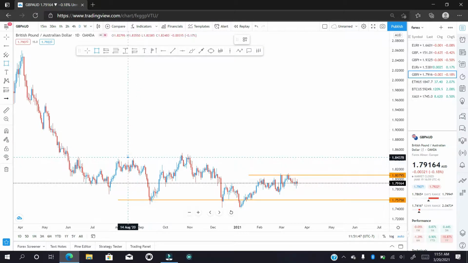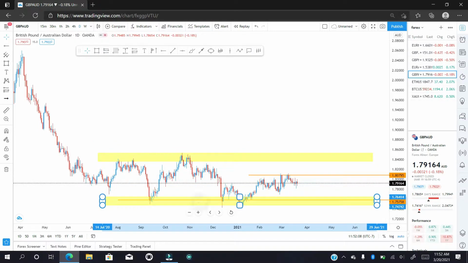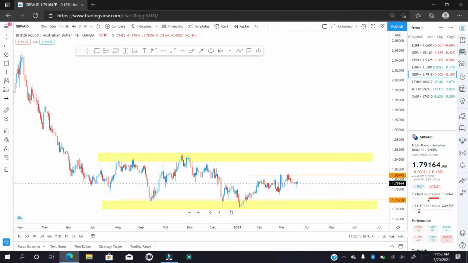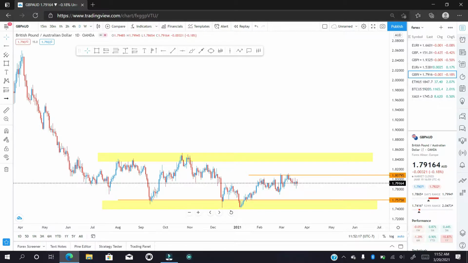So I see this zone right here, from here to here, and I also see a zone right here. Okay, and now I go to the 4 hour time frame.